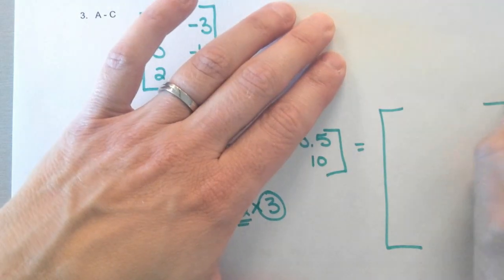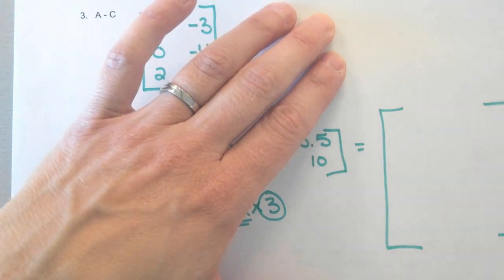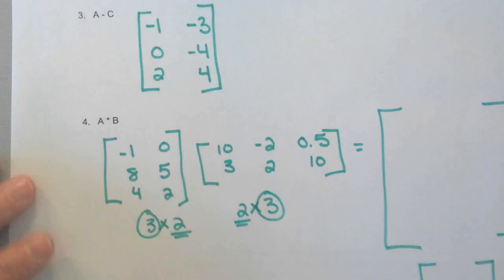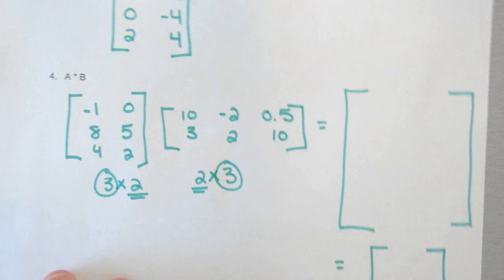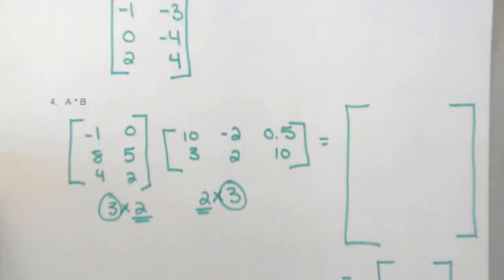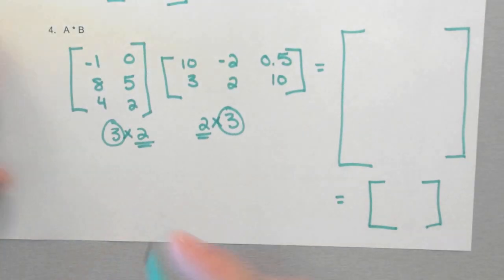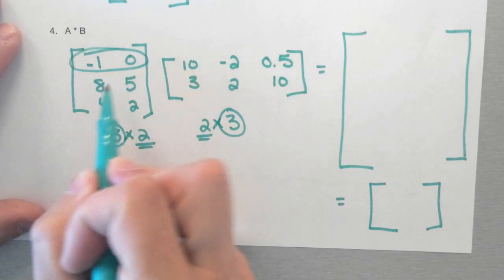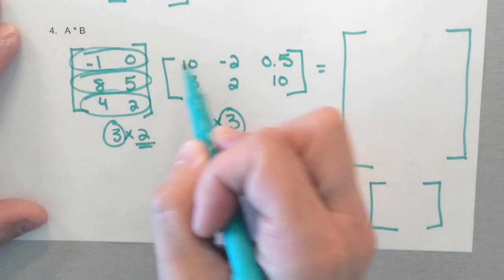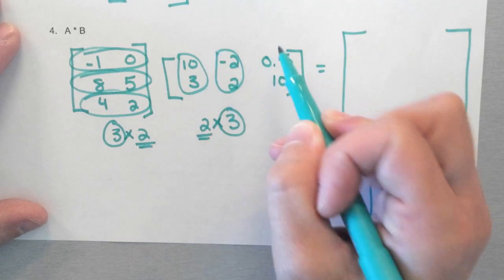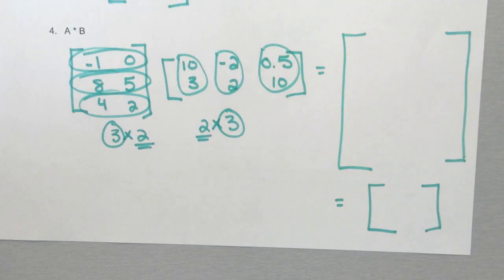Now, remember that I like to do 2 steps so I can make sure I get it right and do a little bit less in my head. Okay? So I'm going to circle my rows by my columns. So the same way you find dimensions is the same way you multiply. Okay?